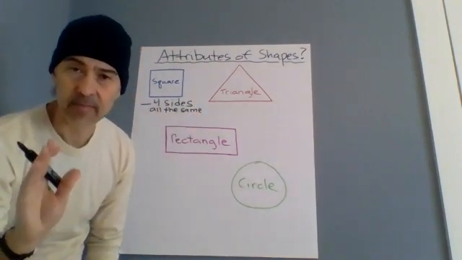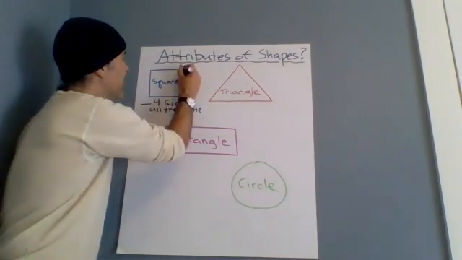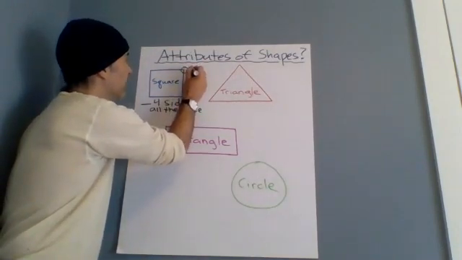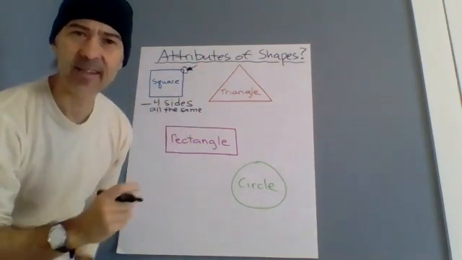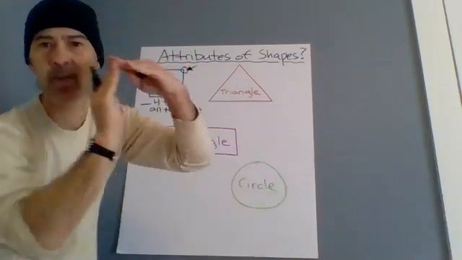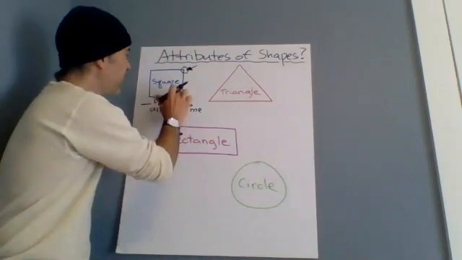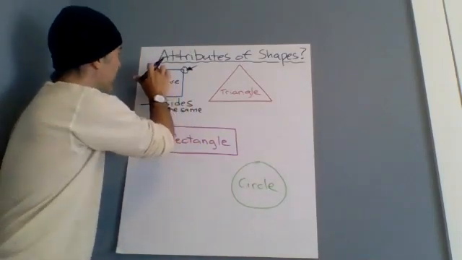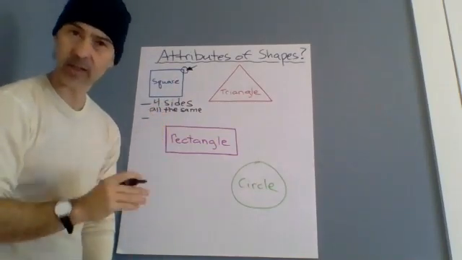Now, I'm gonna ask you a question. What is this right there? What is that when 2 sides meet together? What do they make? Well, this, where 2 sides meet together, is called a corner. It's called a corner.